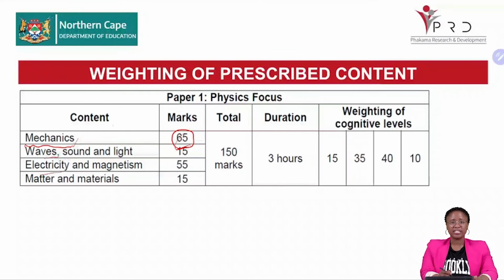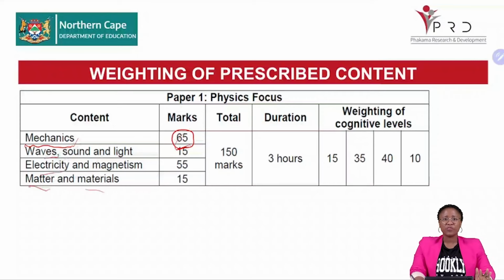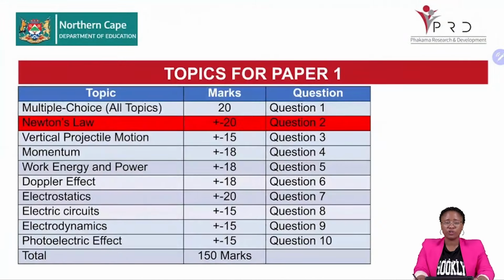We also have electricity and magnetism. We also have matter and materials. And as you can see, mechanics is the one with the highest marks in paper 1. And if we understand mechanics better, then it will be easy for us to also know the other knowledge areas. And again, you'll be given out of 150 marks when you combine all the knowledge areas.